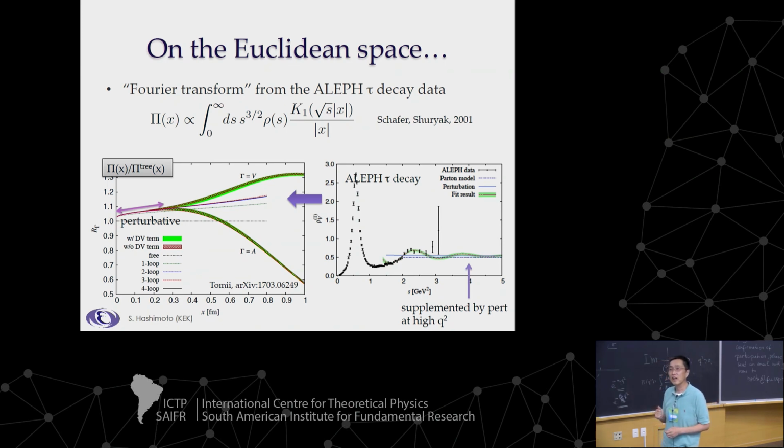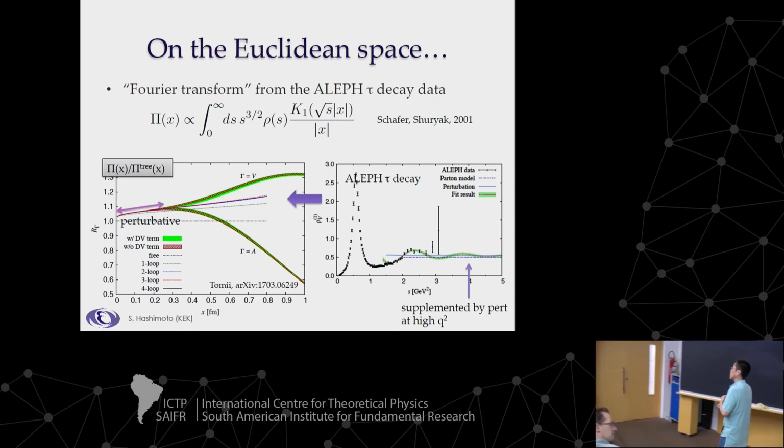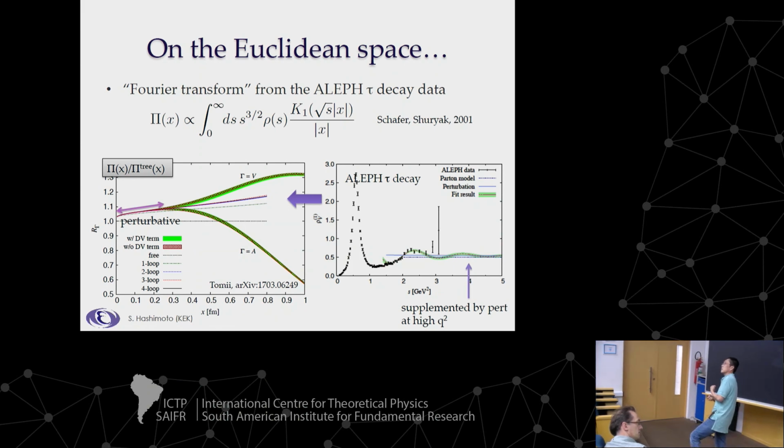Then you can check the Weinberg sum rule. The integral of the spectral function for vector minus axial should be 0, or f pi squared, depending on whether you include the pion in the axial channel or not. It's an interesting suggestion.